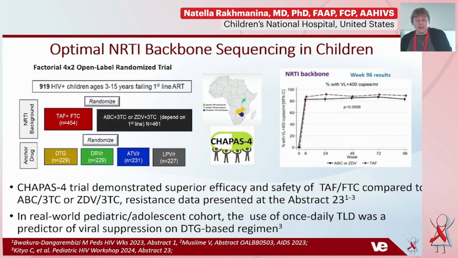And it's very clear in the study, shown on the figure and just published, that it demonstrated superior efficacy and safety of TDF-FTC compared to abacavir-3TC and zidovudine, and resistance data are presented here at abstract 23.